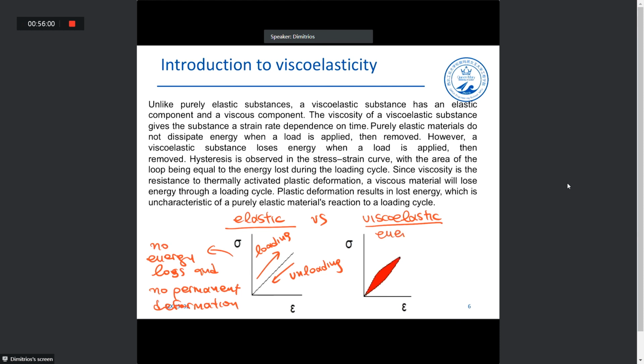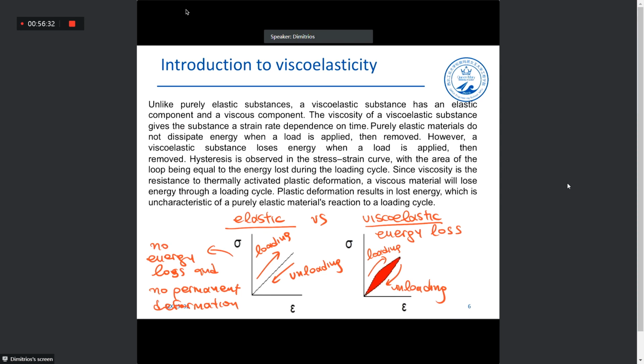This is the loading part. This is the unloading part. The phenomenon that is called hysteresis is essentially the time-dependent dissipation of thermal energy or heat from a viscoelastic material, okay?